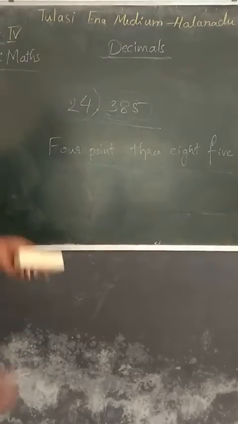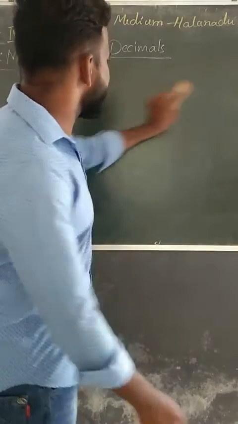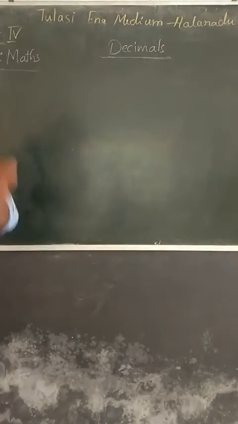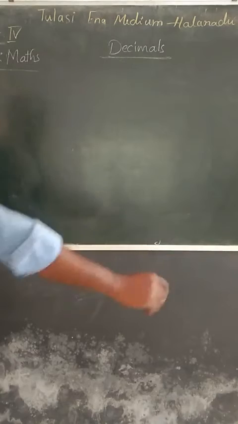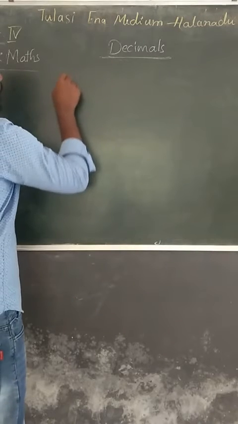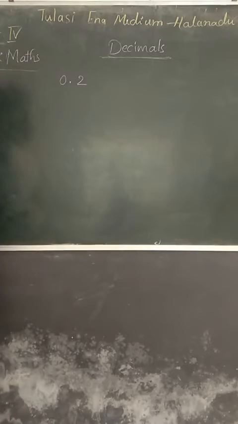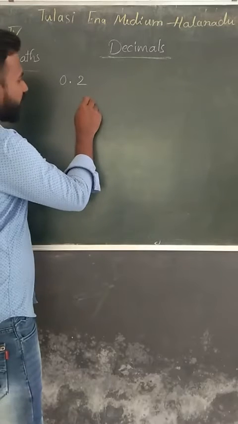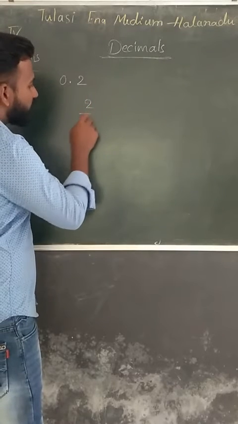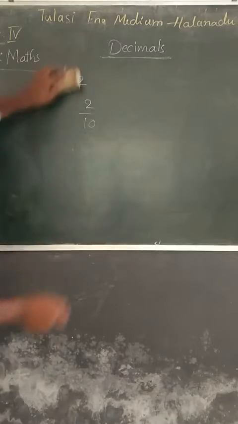Conversion of decimals into fractions. 0.2 we have to write as 2 by 10. Before that, you have to come to know the places.